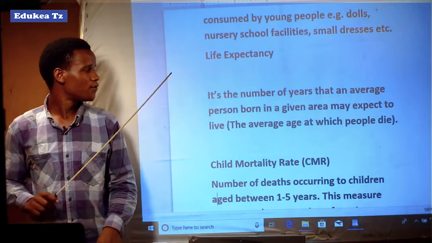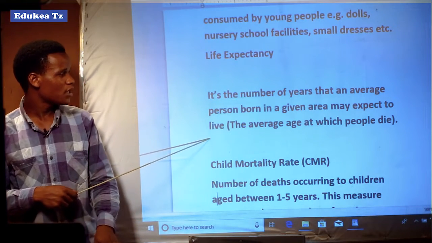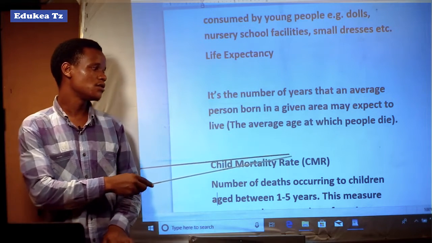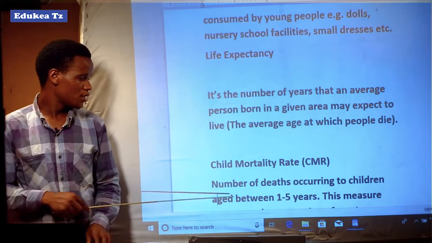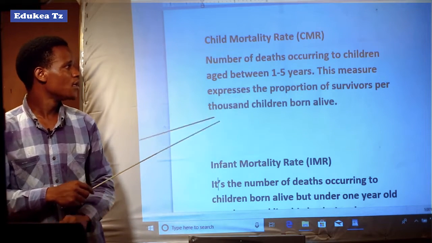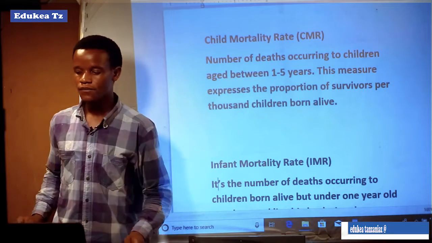Another concept found in population is child mortality rate, CMR. Here we look at the number of deaths occurring to children aged between 1 up to 5.